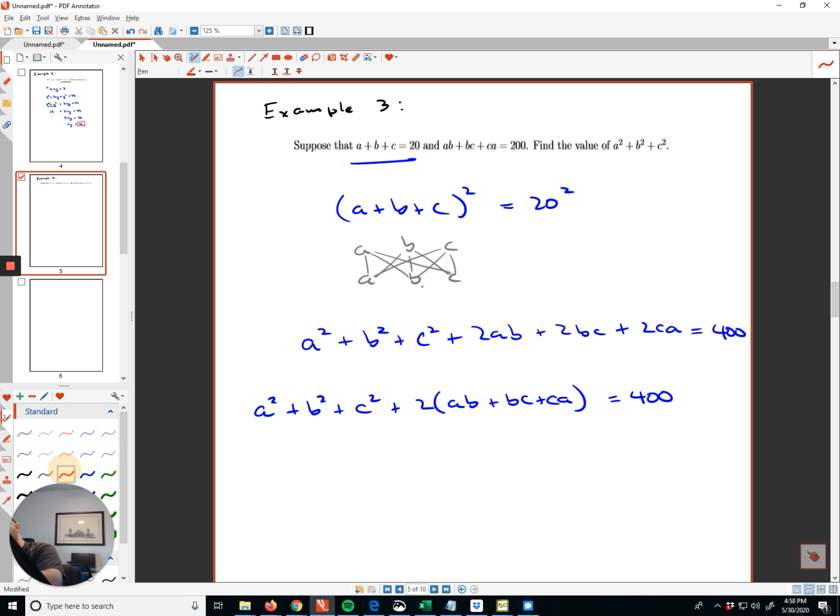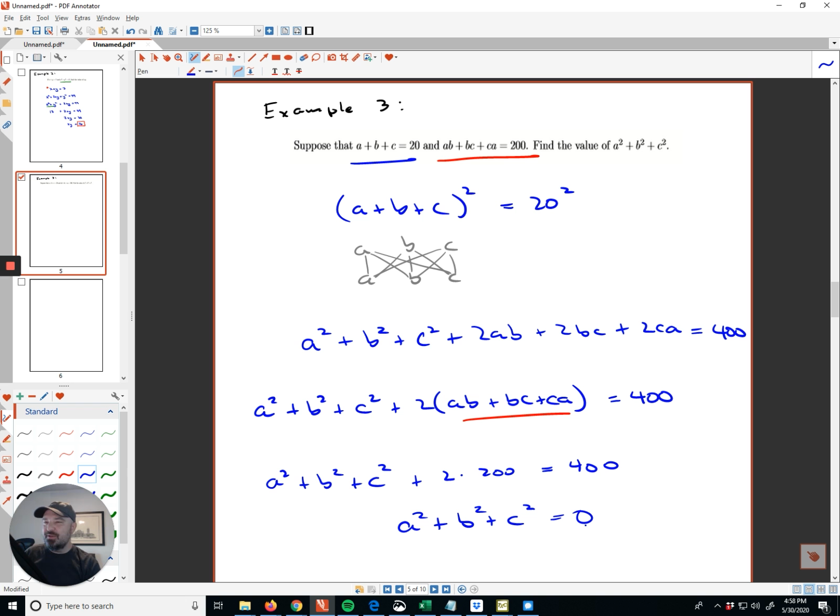Now we can substitute right here. And wow, turns out that a squared plus b squared plus c squared equals 0.